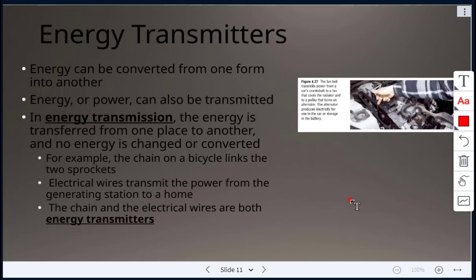The chain on a bicycle that links the two sprockets would be an energy transmitter. Another example would be electrical wires. They transmit the power from the generating station to your homes. Those are both examples of energy transmitters. Energy is being transferred from one place to another, but it's not being changed or converted.